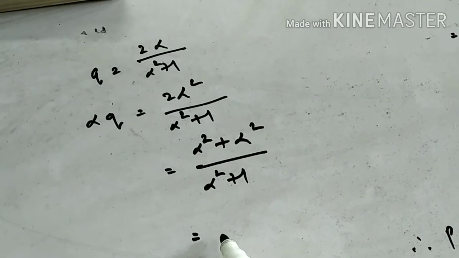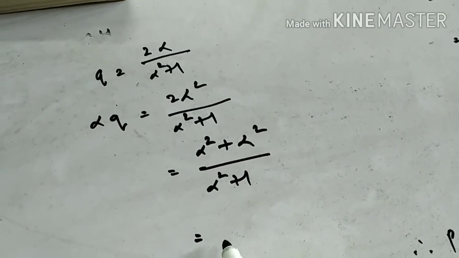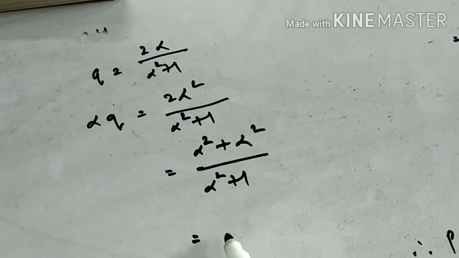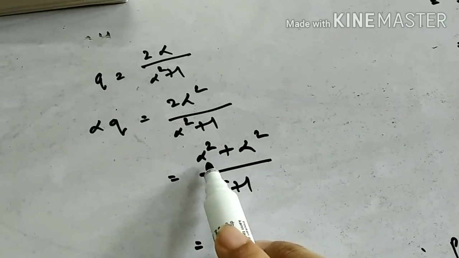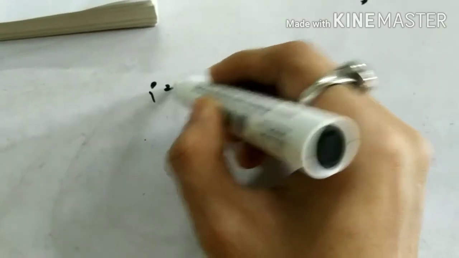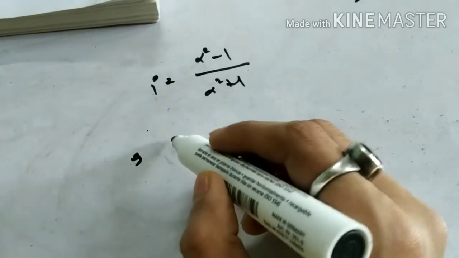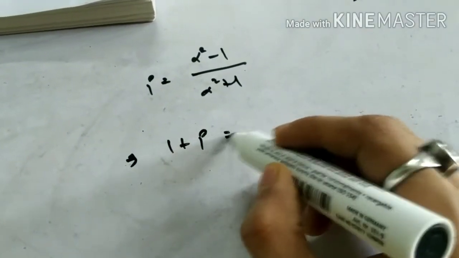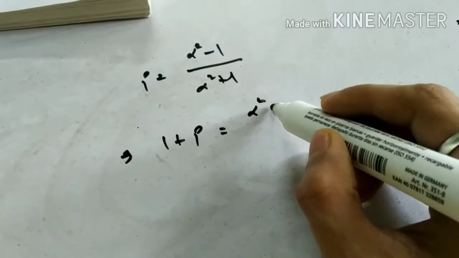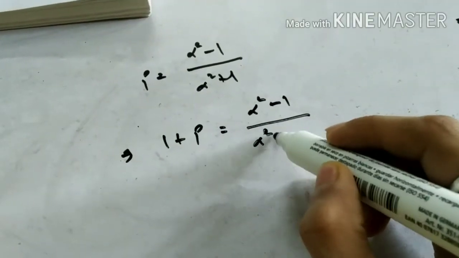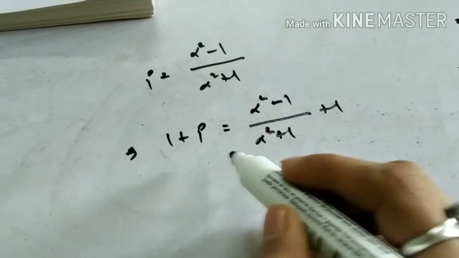So this will be, okay. Instead of doing this, I will take p is equals to alpha square minus 1 by alpha square plus 1. Both side I will add 1. Okay, 1 I will add it. So minus 1 by alpha square plus 1 plus 1.